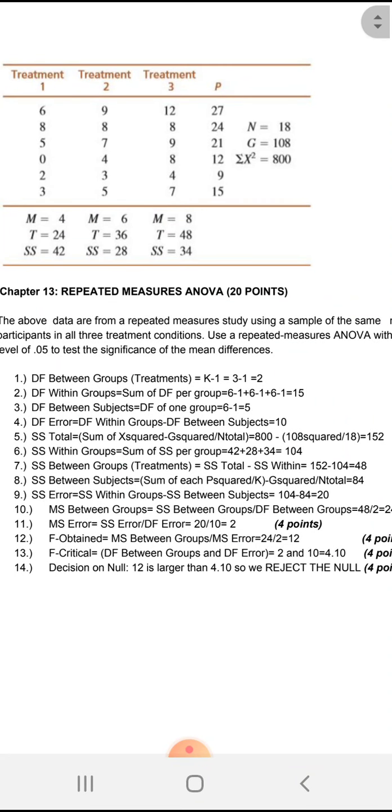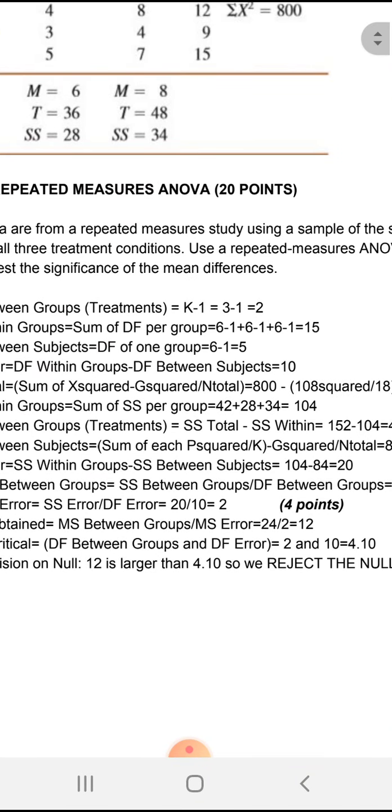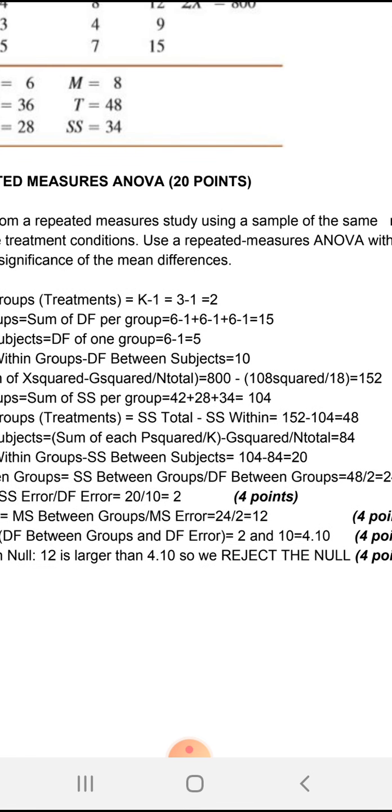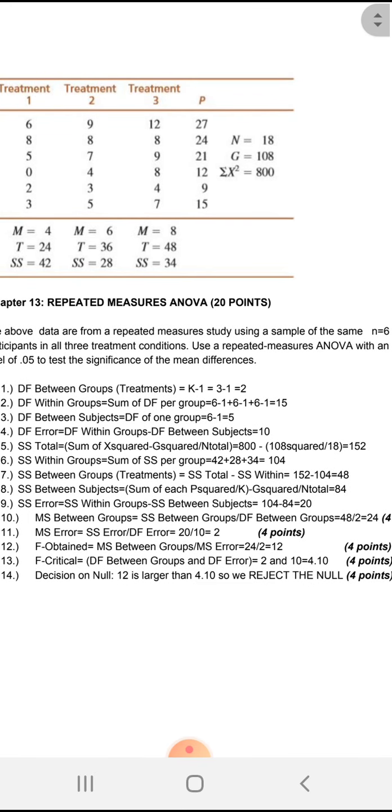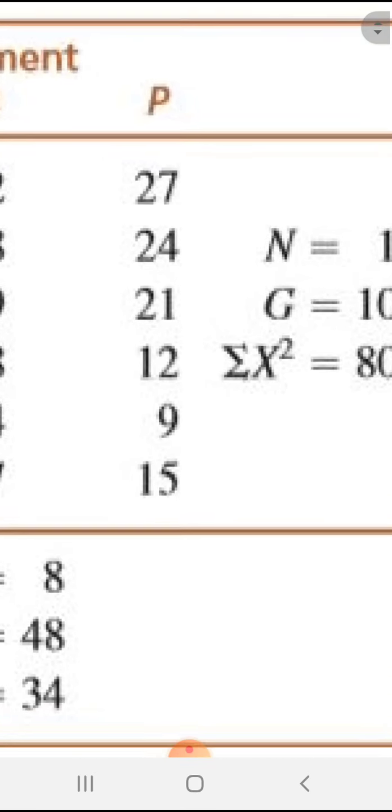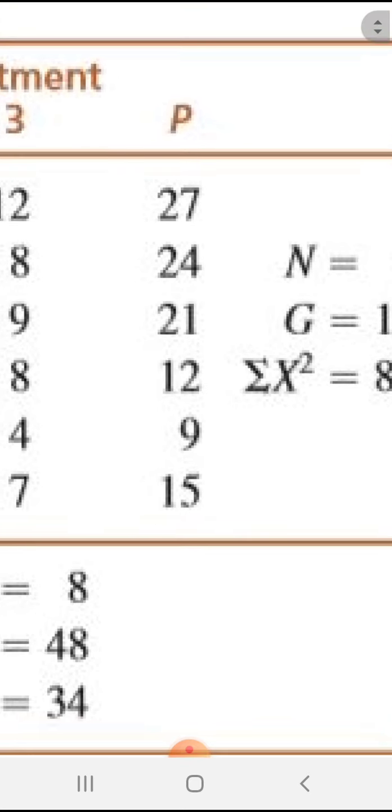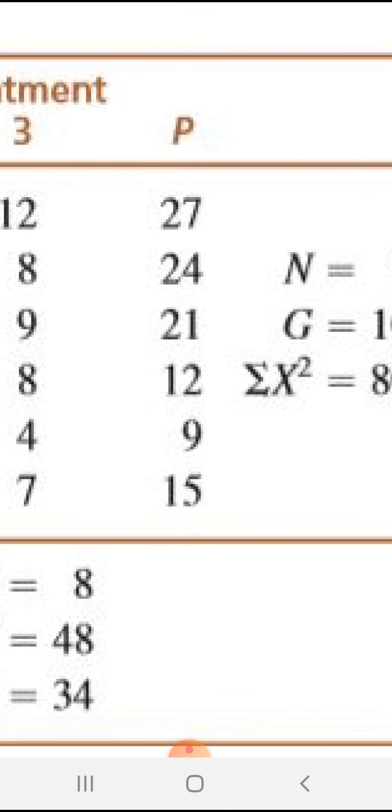All right, the next step is the sum of squares between subjects, which is the sum of each P squared divided by k, minus G squared divided by N total. So what we do here is we take each of these P values, square them individually, and divide them by 3, which is k, the number of groups.